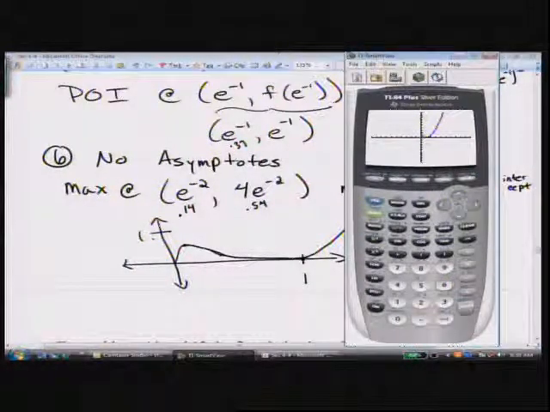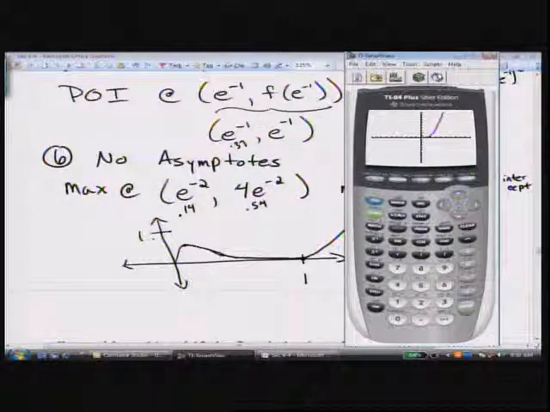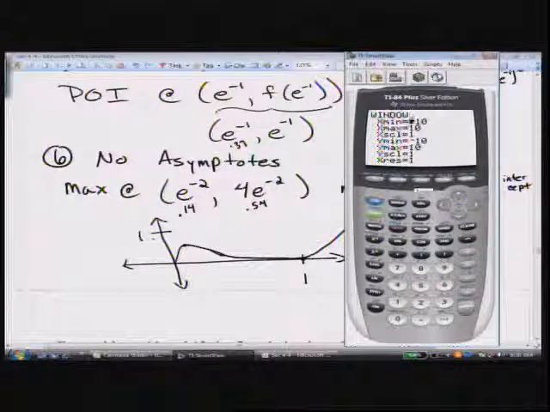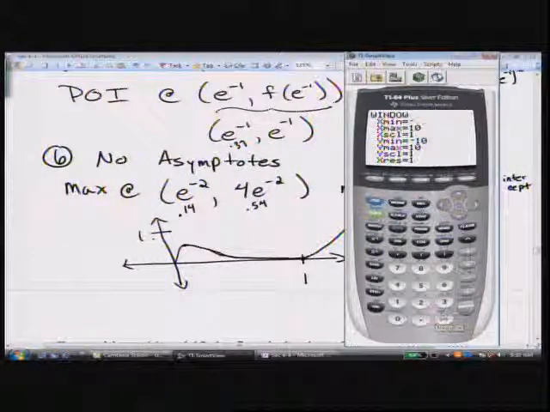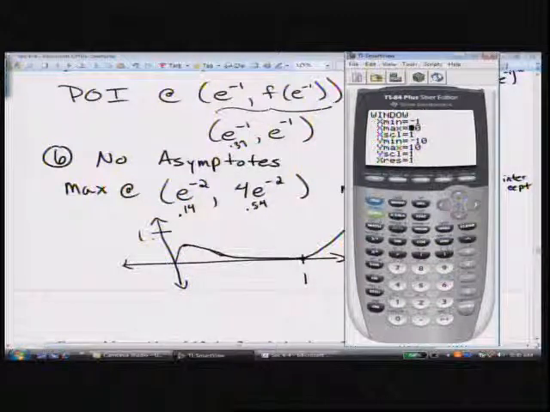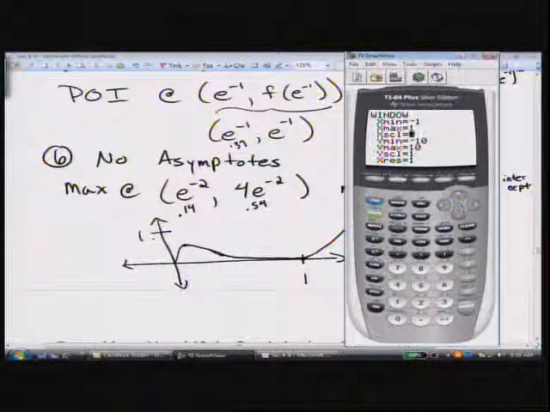Although you can sort of see this. You know, you do sort of see that. So you may feel like you should change your window to look at it between maybe -1 and 1 and see what's happening.